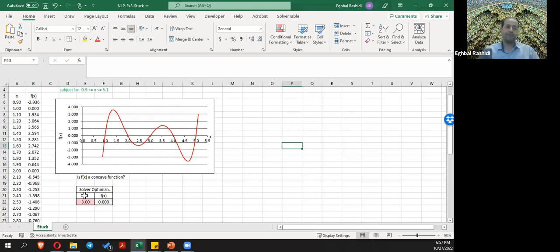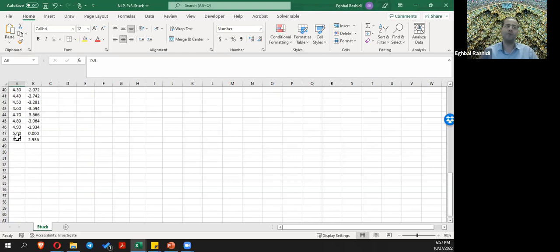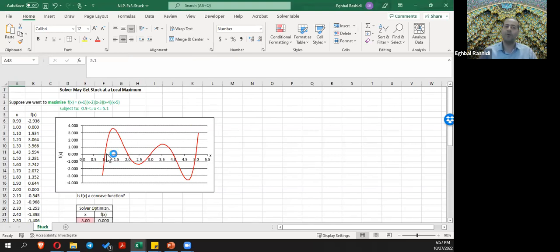We're going to have only one decision variable, and that's x here. We only have one constraint, and that's that x has to be between 0.9 and 5.1. That means it has to be greater than 0.9 and less than 5.1.